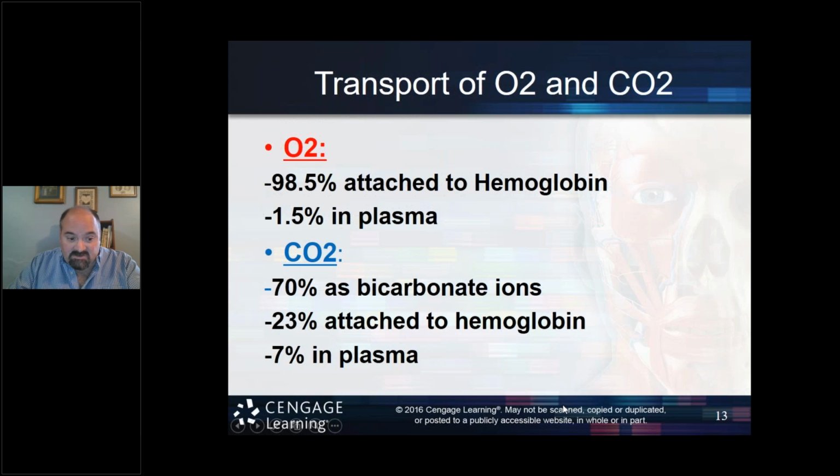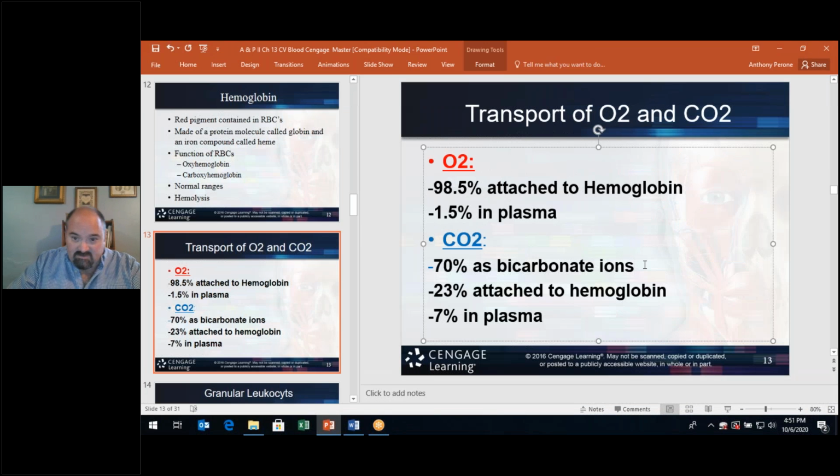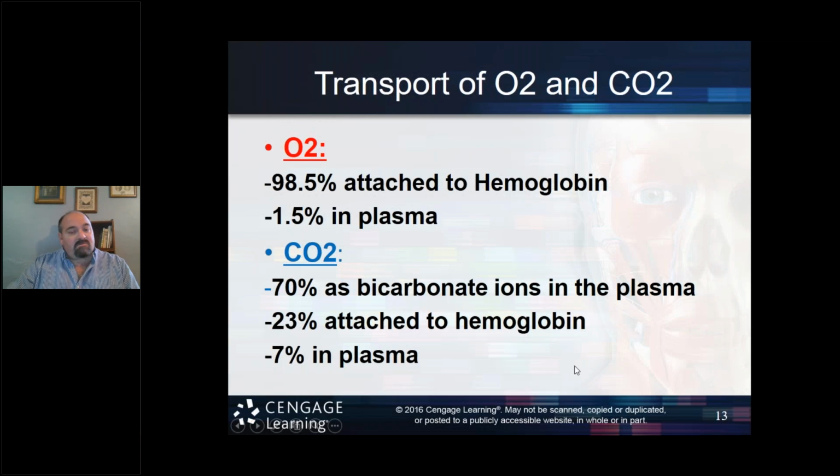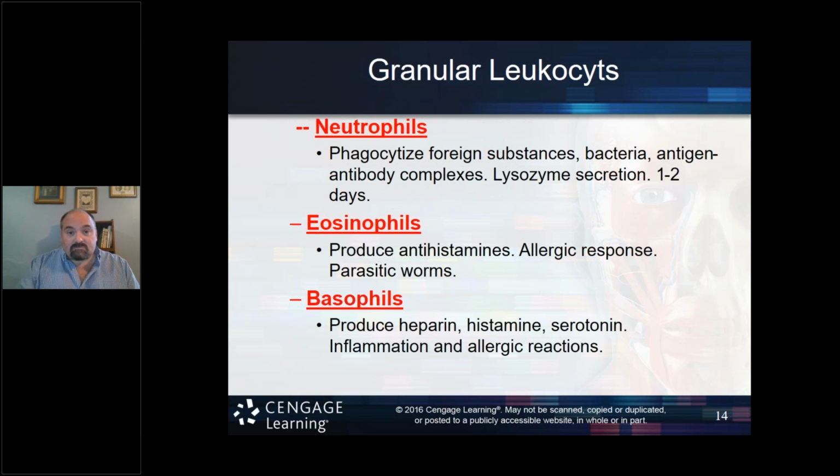I need to just adjust this here. Okay, I think that'll be better for you. It's easier for you to recall and understand, right? So 98.5% of oxygen is attached to the hemoglobin present within the erythrocyte, and CO2, 23% attached to the hemoglobin. So the remaining is present within the plasma either as bicarbonate or as CO2 itself.